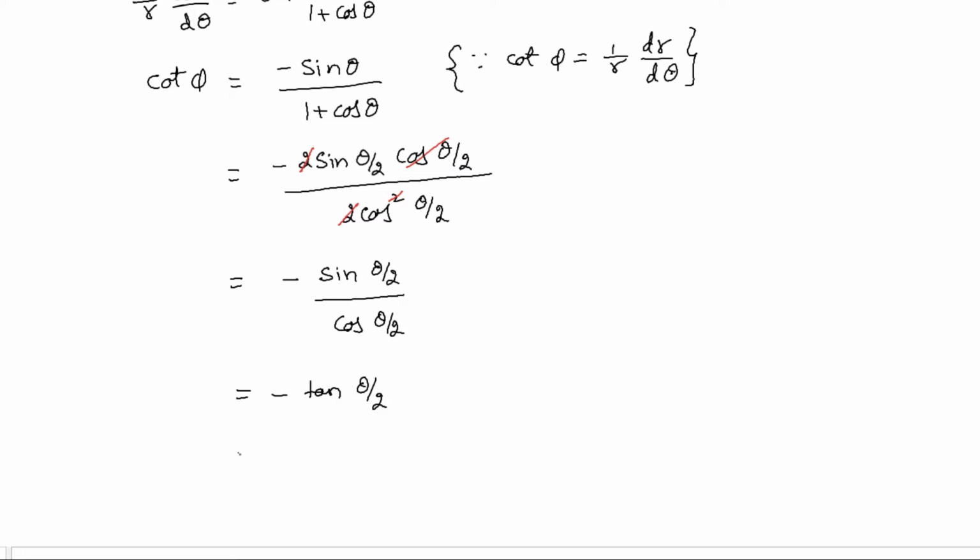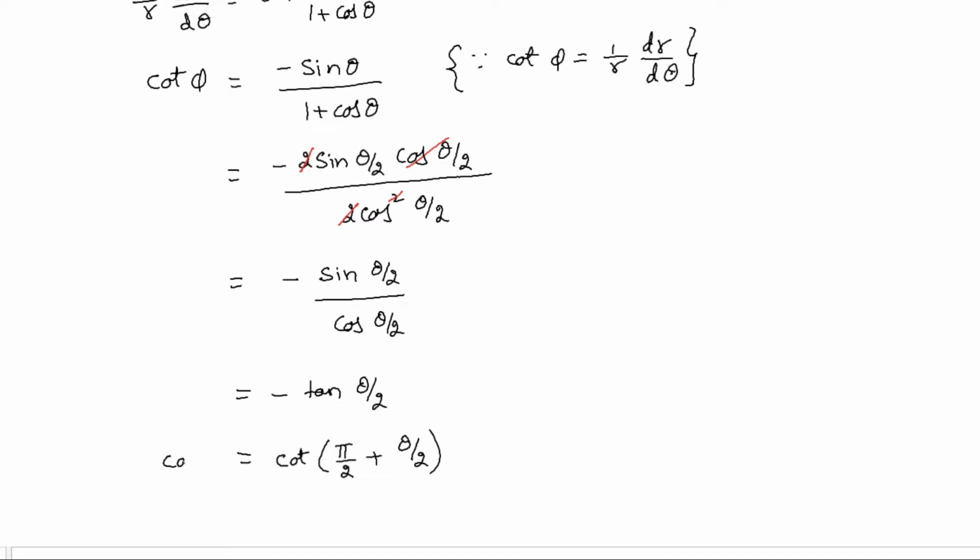The right hand side has to be expressed in the form of cot, so I can use the formula cot of 90 plus. Because the negative sign is there, and we know that cot is negative in the second quadrant, we get cot of 90 plus theta by 2. So cot of 90 plus theta by 2 will be minus tan theta by 2.